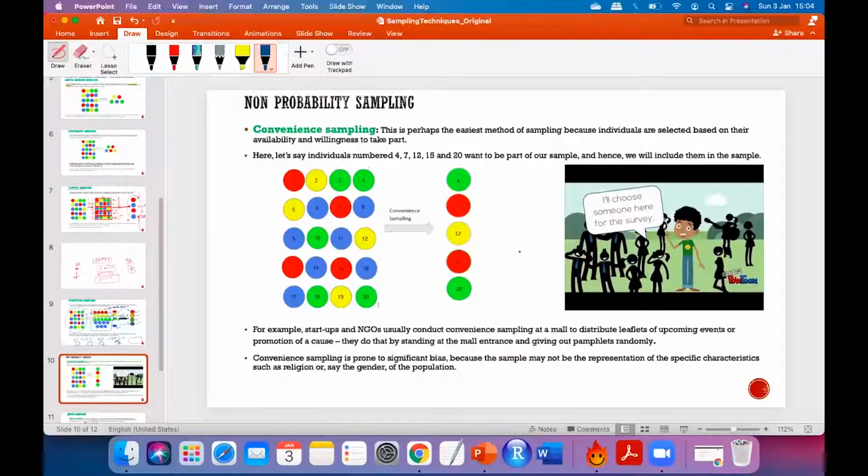Is it clear? Yes. Okay. Now you will tell me that there is a lot of error and bias involved in this. Yes, we have already said that all sampling techniques have error involved. The difference is probabilistic sampling usually has less error theoretically, and non-probability sampling has more error involved, right?